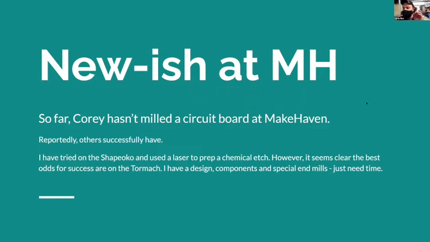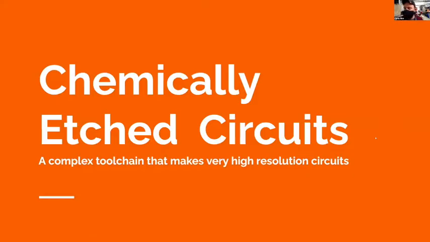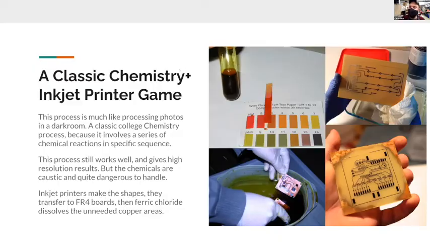You need very tiny end mills. And so I have little pointed end mills that are 0.1 millimeters in width at their tips. Another way to build circuits is through chemically etched circuits. This is a really classic college chemistry process where you use an inkjet printer to print onto a transparency sheet, and this is why it's an older process.